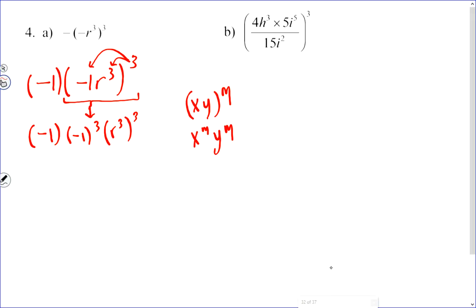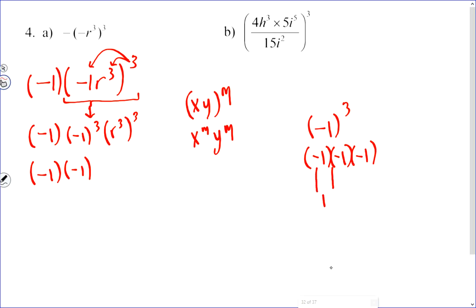So we have this first negative 1, which is just negative 1. We have negative 1 raised to the 3, which also happens to be negative 1. Negative 1 to the 3, quantity to the 3, means negative 1 times negative 1 times negative 1. These two negatives cancel and give us a positive 1.